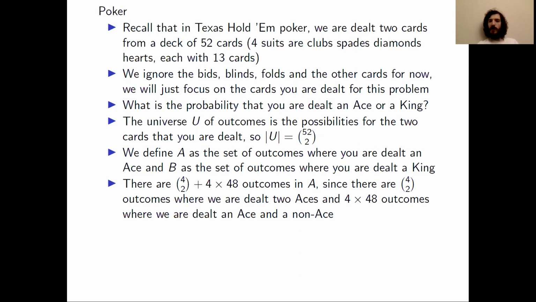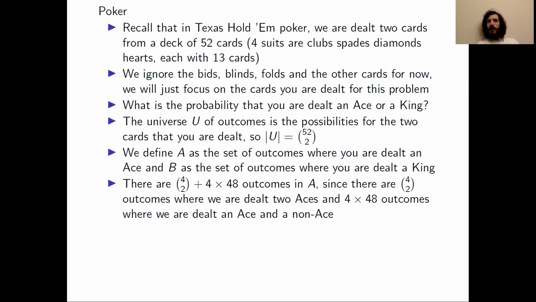We can count the number of outcomes in A. We see that this is 4 choose 2 plus 4 times 48. Let's discuss why that's true. So A is the set of outcomes where we are dealt an ace. For us to be dealt an ace, we're either dealt 2 aces or 1 ace.